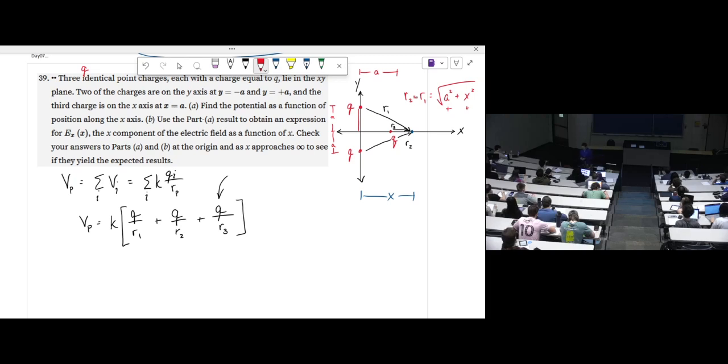Now, the reason I'm making such a big deal about that is, what is the magnitude of R3? What is R3 in terms of its magnitude? What tends to happen is, if I go from the origin a distance x, but then I have to subtract off this distance a here, the mistake I see students making is saying R3 is x minus a, right? But what happens if x is less than a?